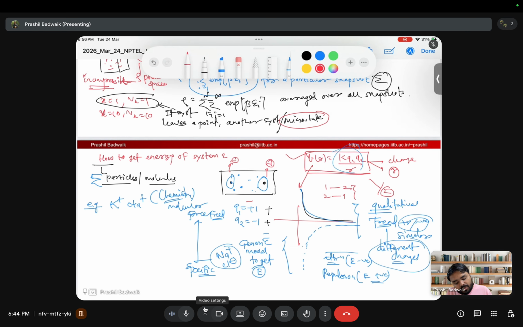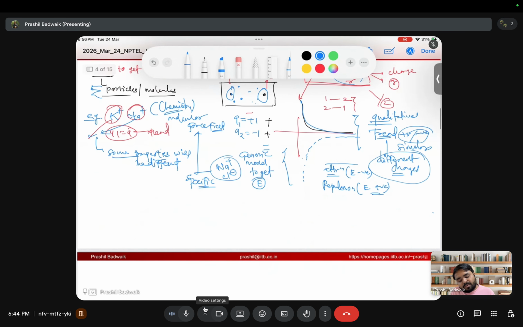We know q1 is positive, we can take q2 and all, so it will give us a trend of how energy or some other property is changing with respect to a charge, a plus one charge. But then if I say the Na has some different diameter, depending on these properties, some properties will be different.